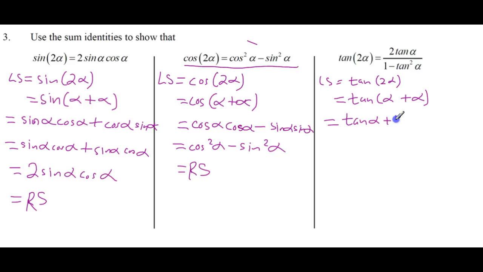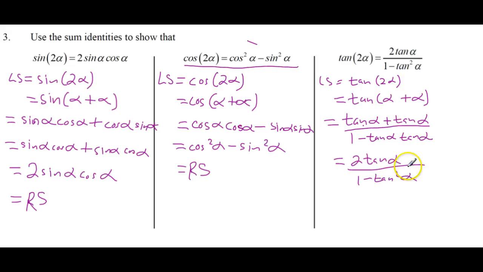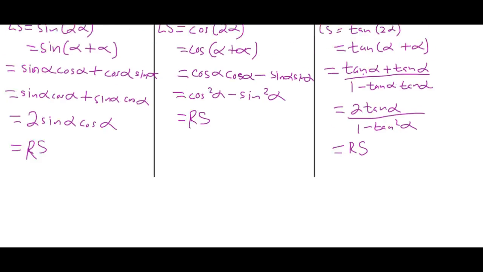So it's tan alpha plus tan alpha over 1 minus tan alpha times tan alpha. So this is tan alpha plus, there's 2 of these tan alphas, and this is 1 minus tan squared alpha, which equals the right-hand side.